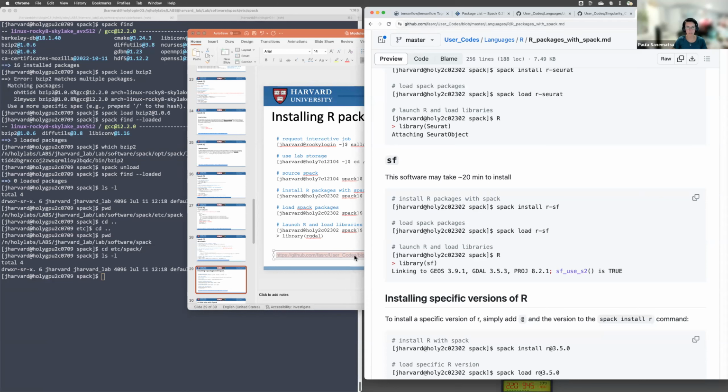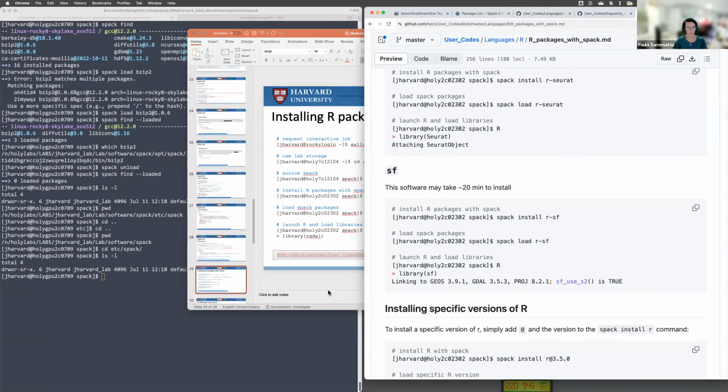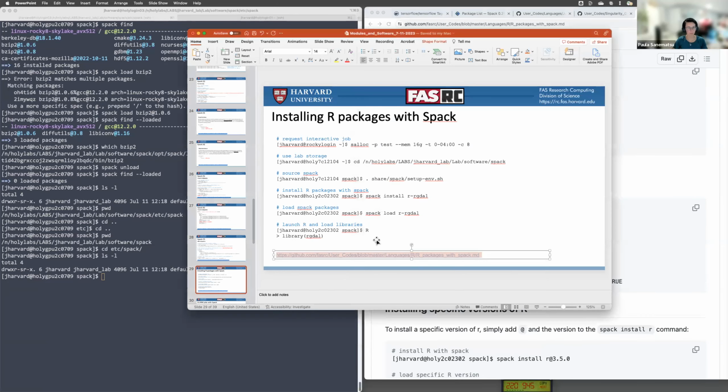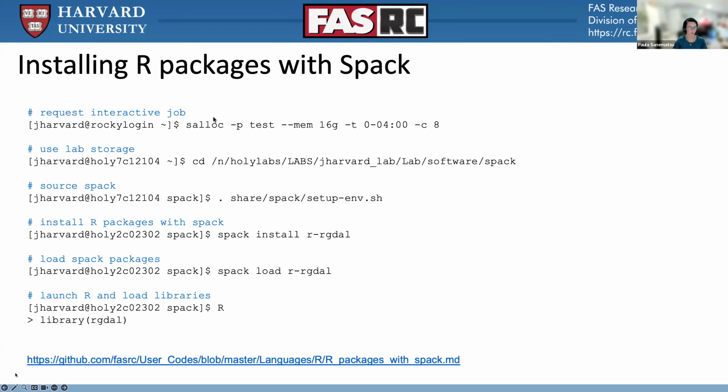So you actually need to install other packages in the background, and Spack does that for you. You should request an interactive job, because Spack can take quite a bit of time and resources.